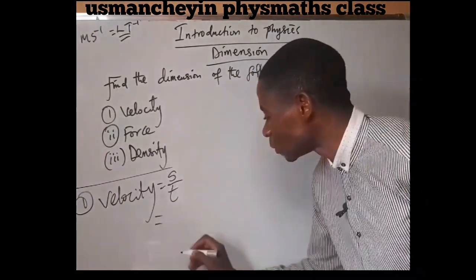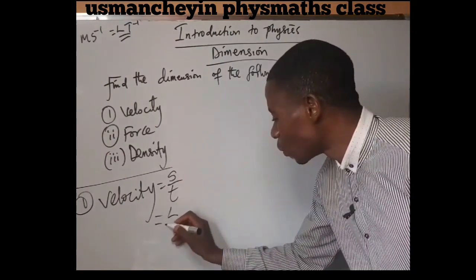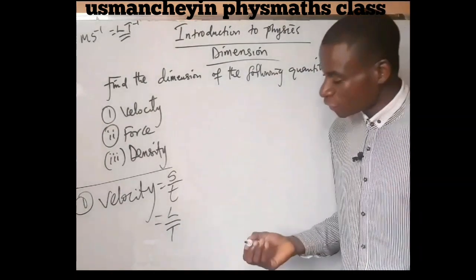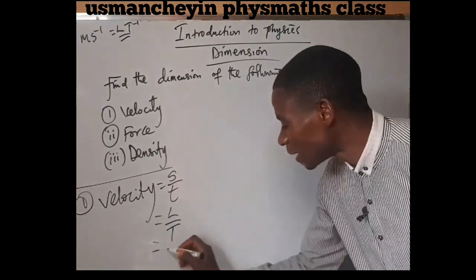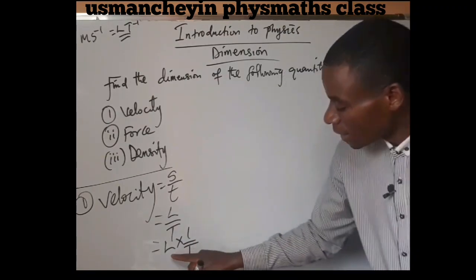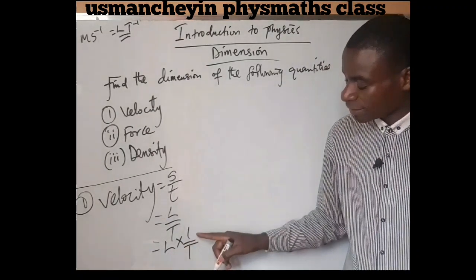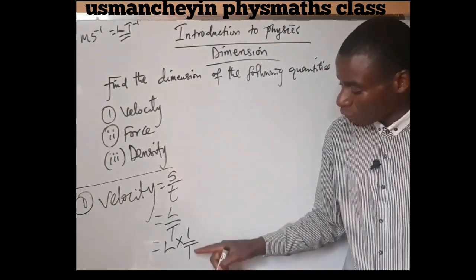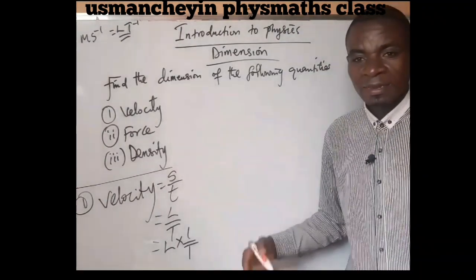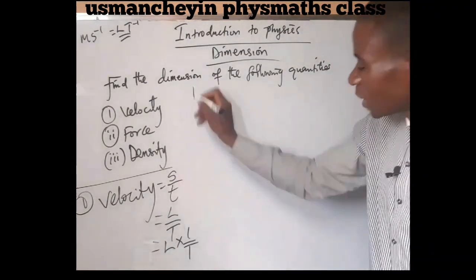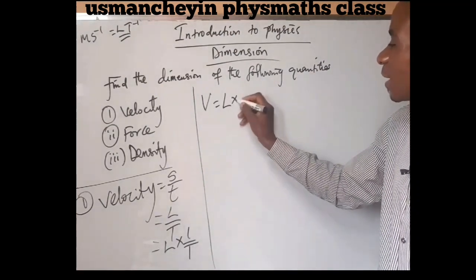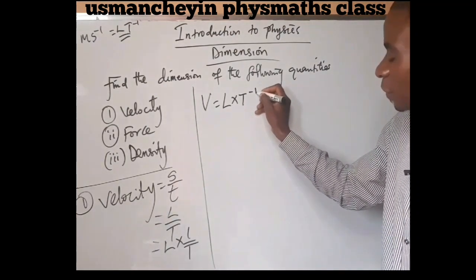So we said this is equal to L over time, which is always T. If that is true, this can also be written as L multiplied by 1 over T. We can say velocity is L times T raised to the power minus 1.